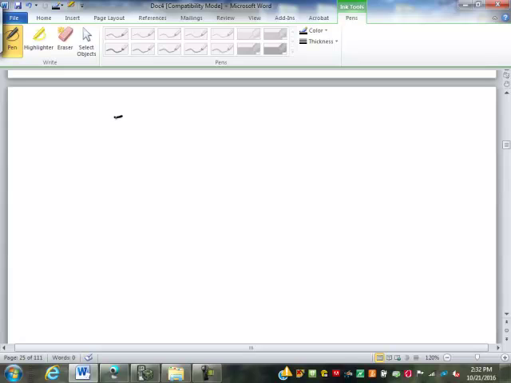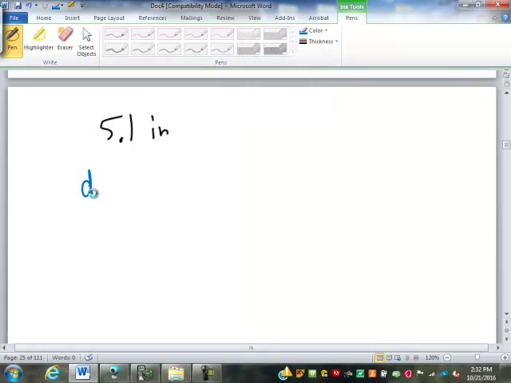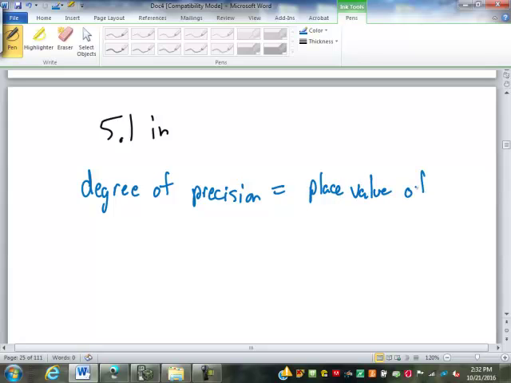So if I give you that 5.1 inches, what it is implying is there is a degree of precision that is equal to the place value of the last digit.